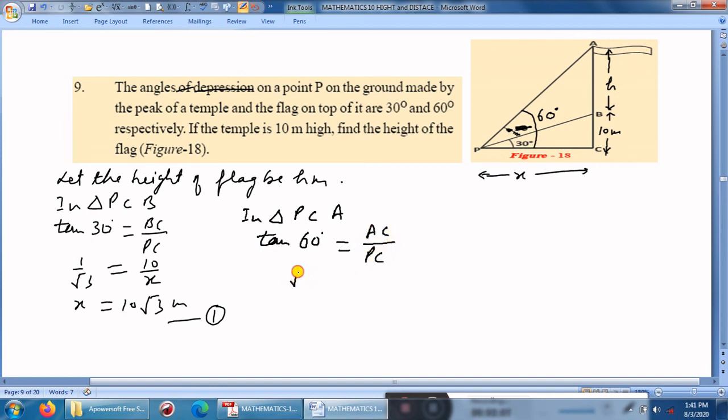Tan 60 is root 3, AC is H plus 10. That one is AC, so you can write here H plus 10, and PC is your x. Do the cross multiplication. So H plus 10 is equal to root 3 of x. Put the value of x in equation second.